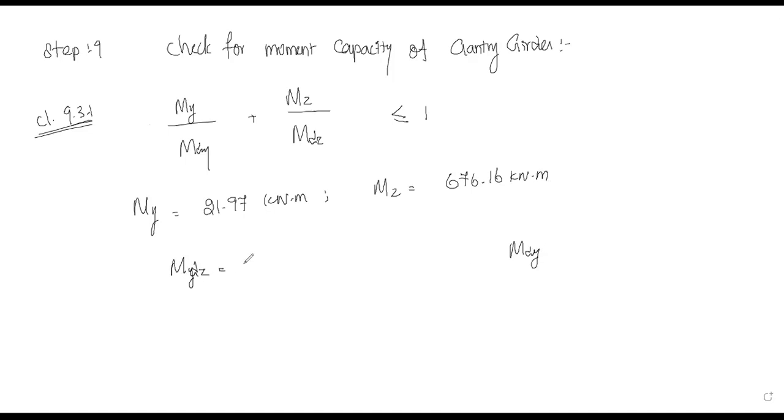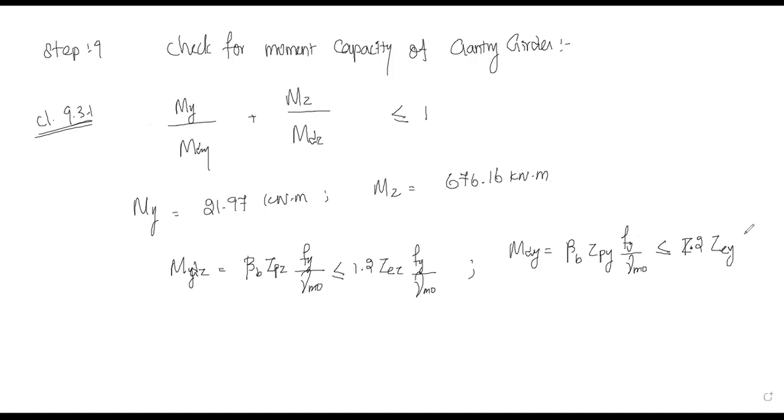The formula is beta b into Zpz into Fy by gamma m0, which should be less than or equal to 1.2 times Zez into Fy by gamma m0 if it is a simply supported beam. The same thing for y: beta b into Zpy into Fy by gamma m0 should be less than or equal to 1.2 times Zey into Fy by gamma m0.